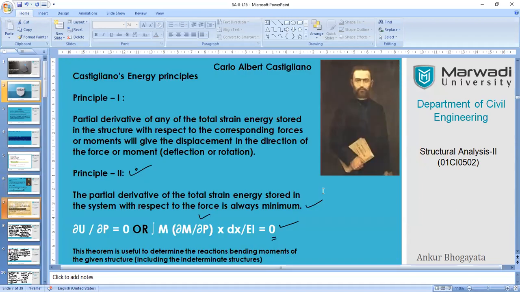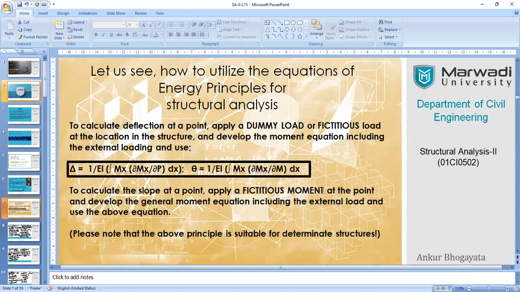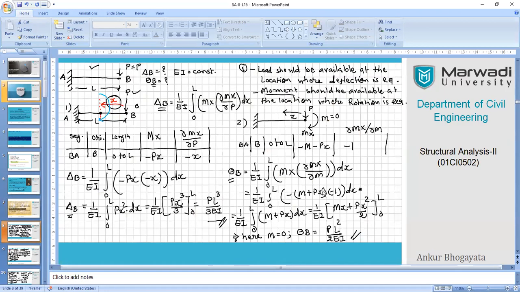Some of the solutions I'll be showing you directly, because it's difficult to write long equations in this medium. So I have captured a photograph of my own handwriting and would like to share it with you today, and then we will directly select the important steps from this numerical solution and show you how to carry out the complete analysis of the structure.